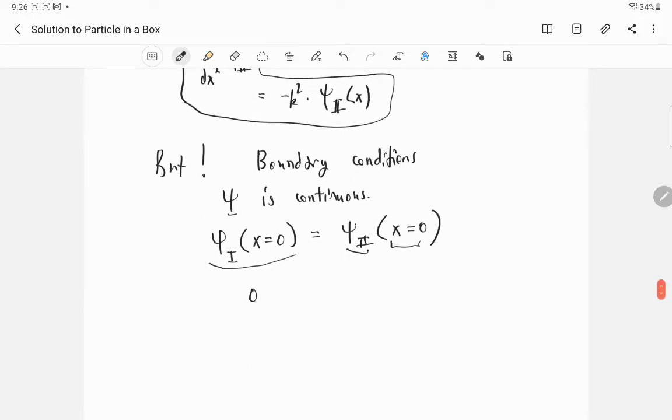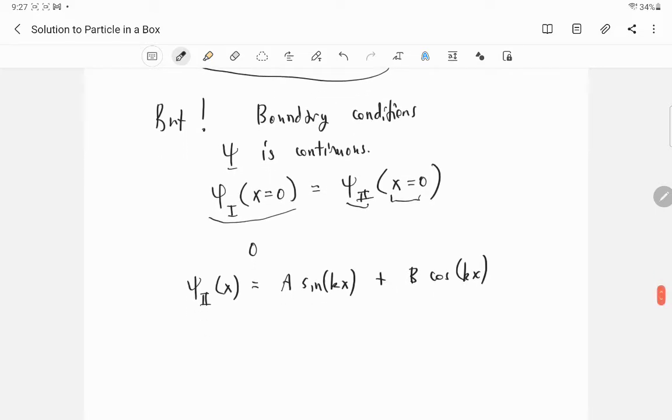So let's look at our function. psi 2 of x equals a sine kx plus b cosine kx. And then what is the value of the region 2 wave function at 0? This term just spits out 0, but the cosine of 0 is actually 1.